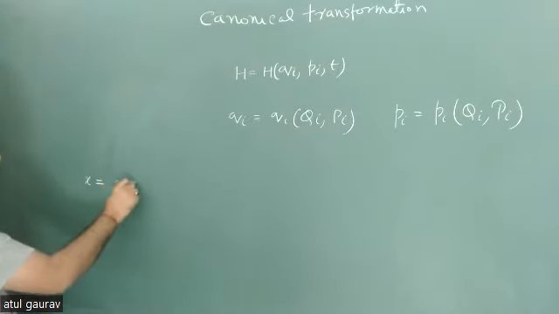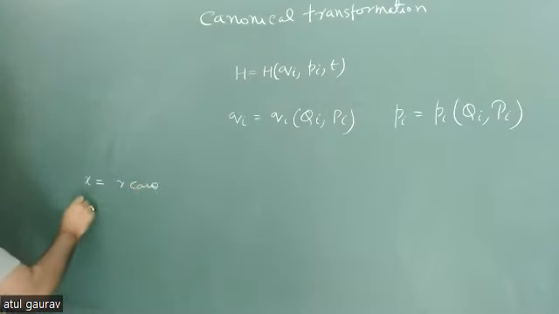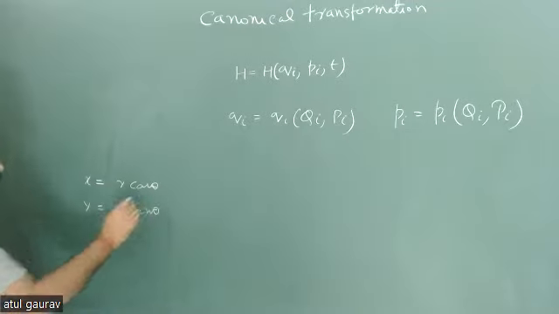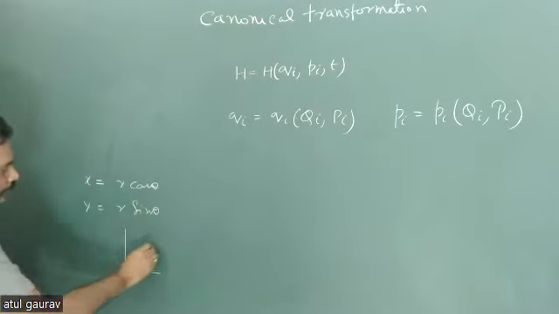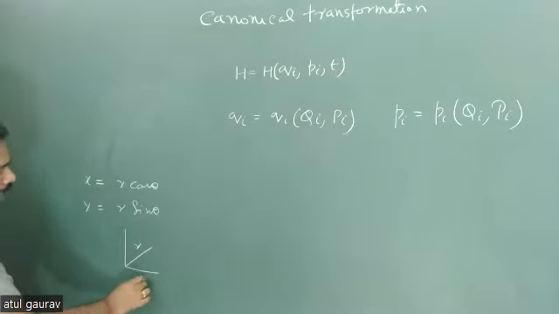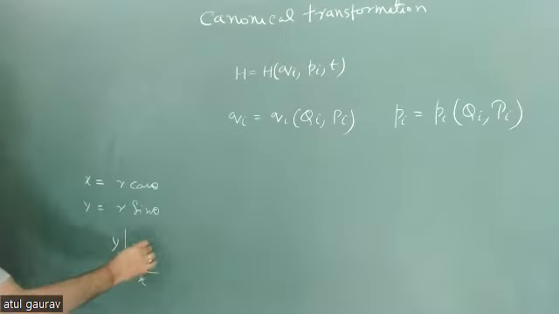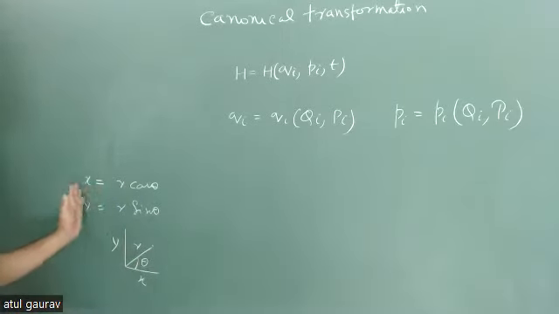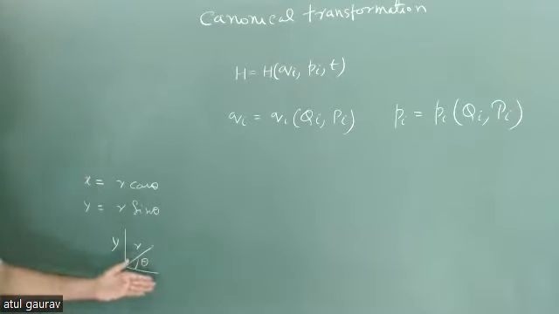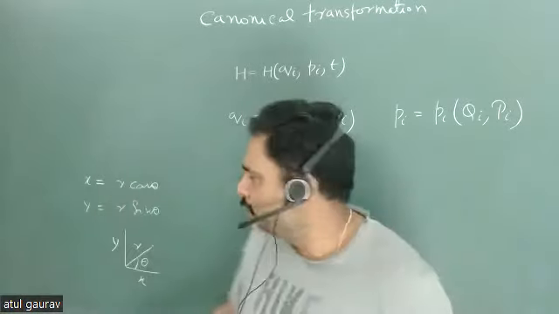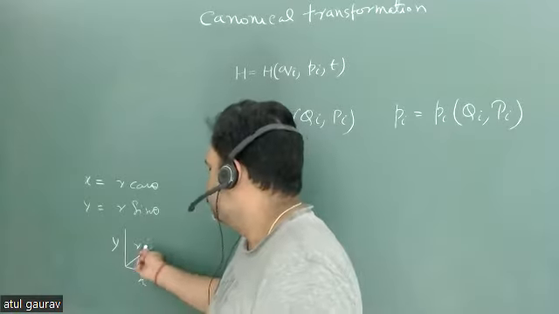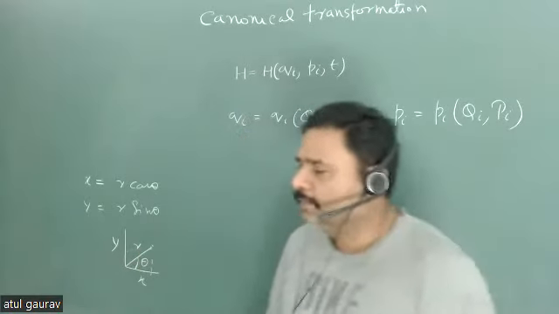So x is equal to r cos theta and y is equal to r sin theta. We can easily calculate all this. So this is your r, this is your x, this is your y, and this angle is theta. We take the components x equal to r cos theta and y equal to r sin theta, just taking the components along x and along y.